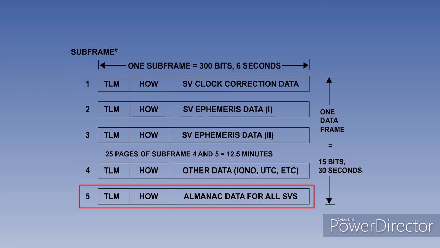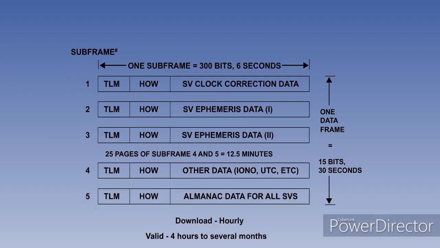The 5th frame is used to transmit current SV constellation almanac data. A series of 25 frames is required to download the whole almanac, which is usually done hourly and is valid from 4 hours to several months, depending upon the type of receiver.